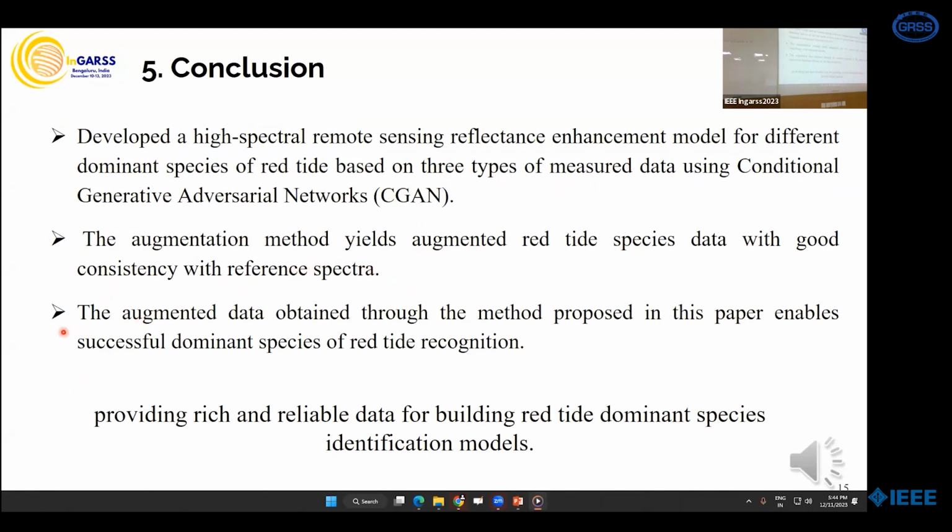Not only that, the augmented data were successfully used in the dominant species recognition experiment. Consequently, this method effectively enhanced the hyperspectral remote sensing reflectance data for dominant species of red tide, providing rich and reliable data for building red tide dominant species identification models.